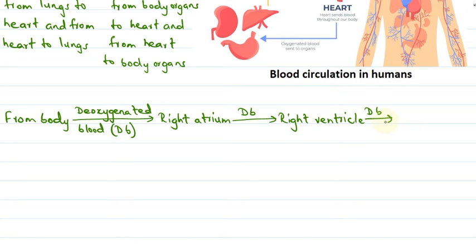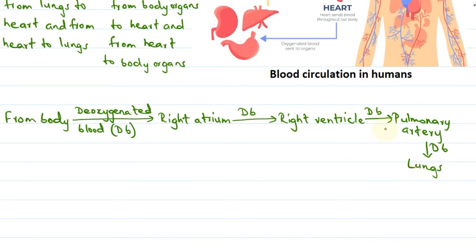It reaches the lungs through pulmonary artery. Through pulmonary artery, this deoxygenated blood from right ventricle goes inside the lungs. Now inside lungs, the exchange of gases take place.